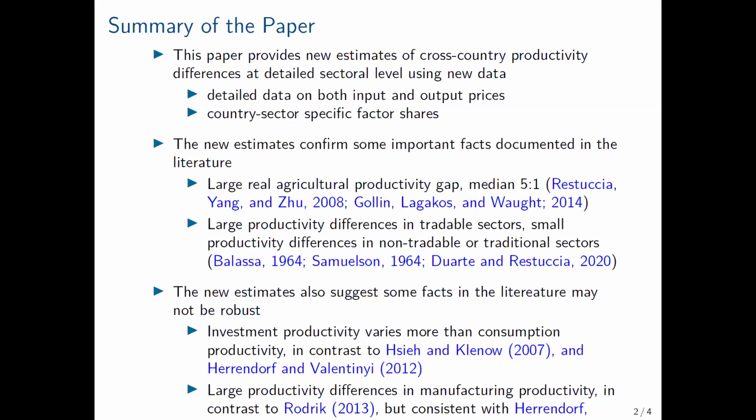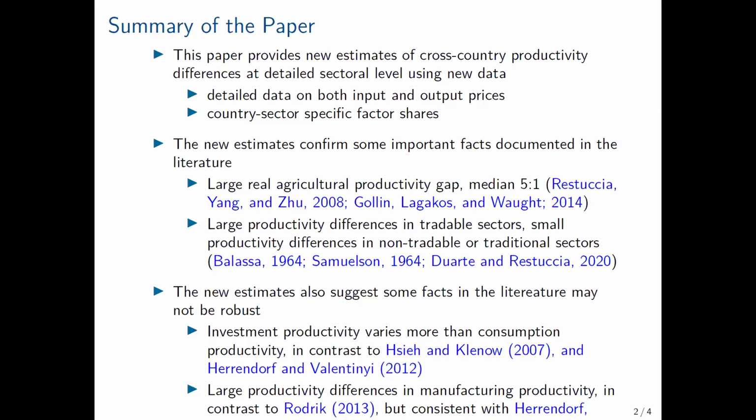They also confirm this long-standing assumption, I guess first suggested by Balassa and Samuelson, that there are large productivity differences in the tradable sector but small productivity differences in the non-tradable sector. And there's a high overlap between non-tradable and the services sector that Julieta and Lucia looked at. So these are two important facts that seem to remain with this new round of estimation.